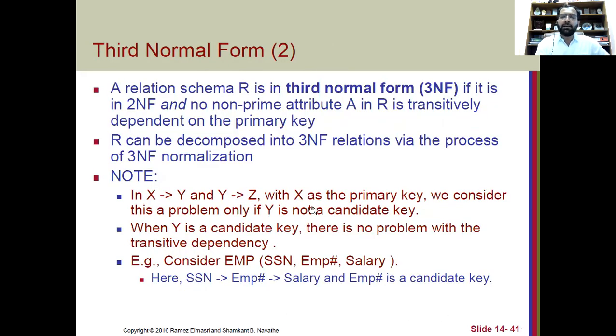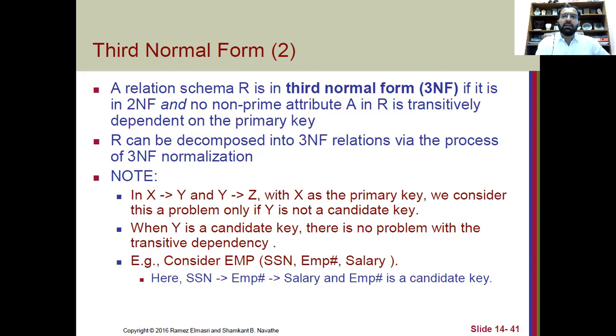So you can write a definition for the third normal form: relation R is in third normal form if it is in the second normal form, of course, and there must be no non-key attributes transitively dependent on the primary key.